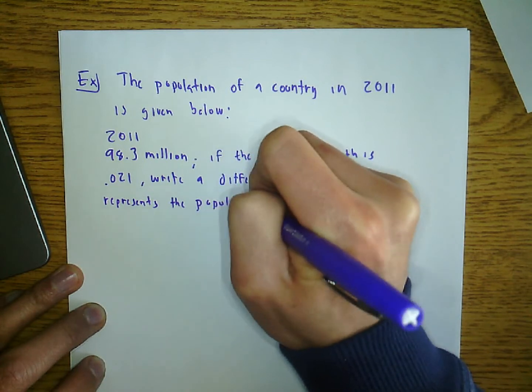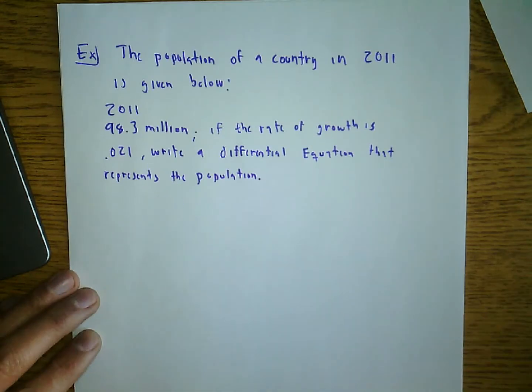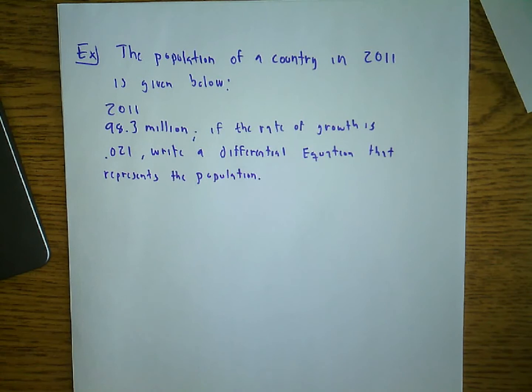Okay. So the population in 2011 is 98.3 million. If the rate of growth is 0.021, by the way, this is going to be multiple parts. Part A would be, what is a differential equation that represents the population? Anybody want to give it a shot?